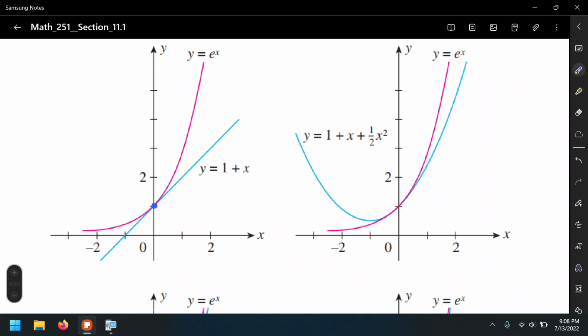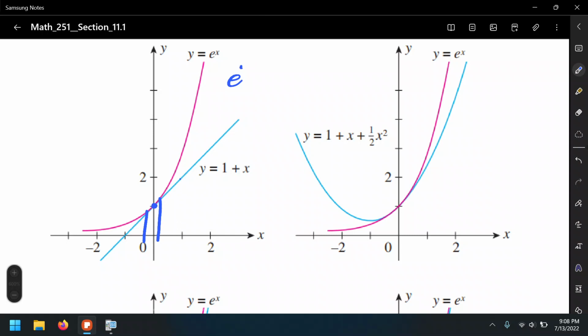For example, if I look at this interval right here, we have very close values on both the line and the curve of the exponential function. However, if I wanted to use the linear approximation to approximate, say, e squared, I would have to evaluate it at 2. Well, maybe not that. Maybe e to the first.